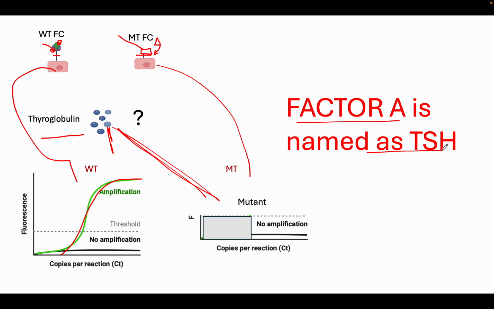So I think that when the thyroid stimulating hormone was discovered, I expect at that time, if quantitative PCR was there, this experiment must have been done: let's delete the receptors for this factor on the surface of follicle cells and treat the wild type cells and the receptor mutated cells with this factor A, and see whether the thyroxine is formed or not.